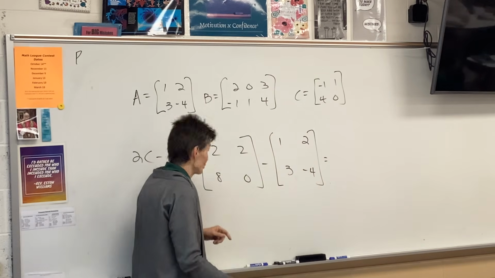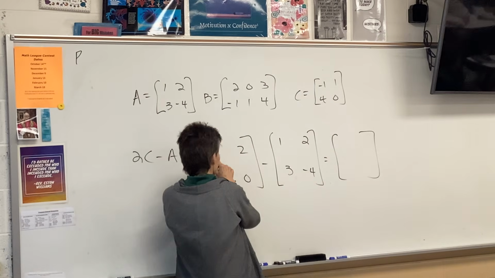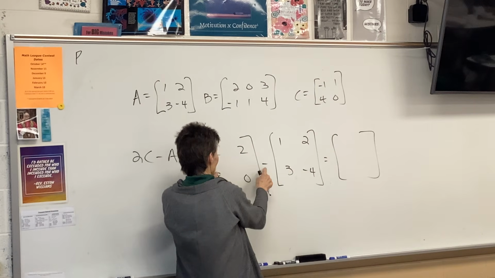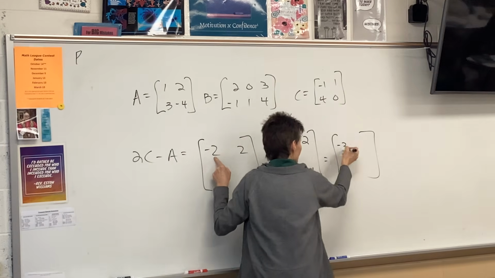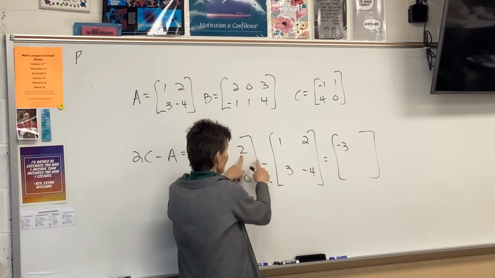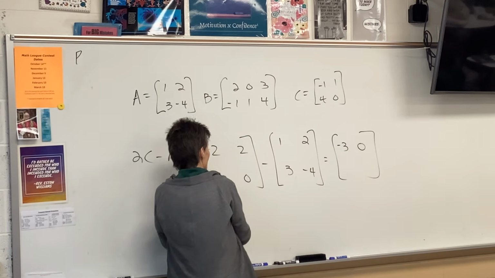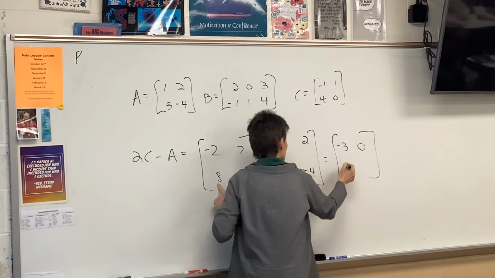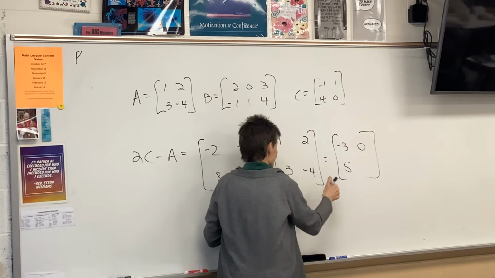It's a subtraction. So we're going to take -2 minus 1, -3. And then 2 minus 2. And 8 minus 3. And 0 minus -4.